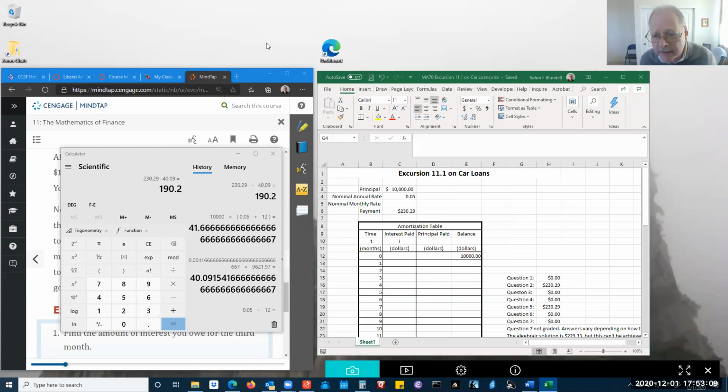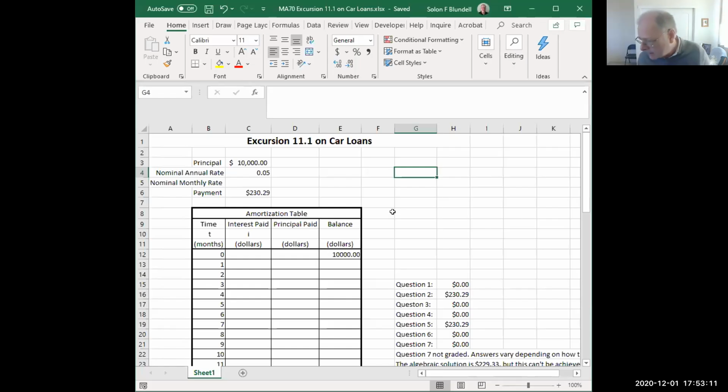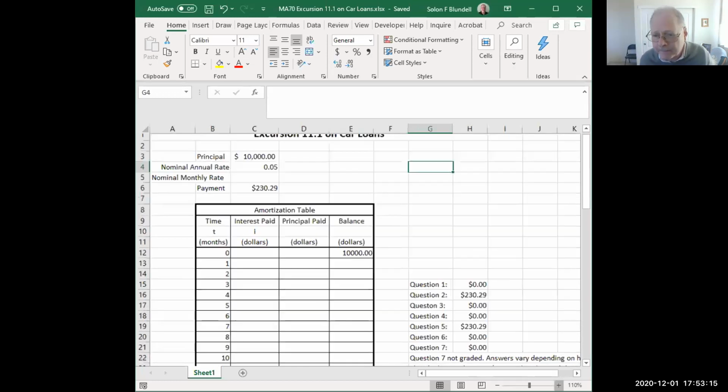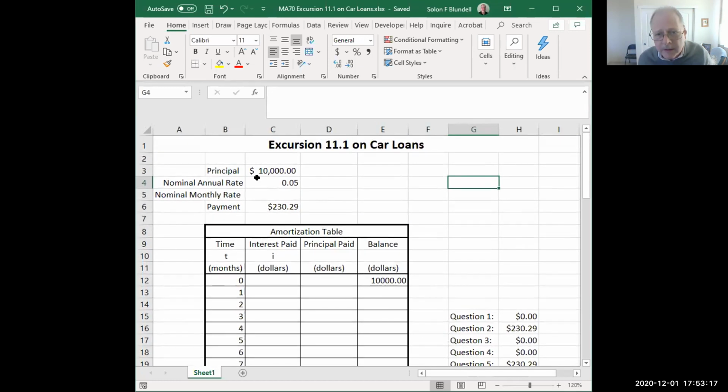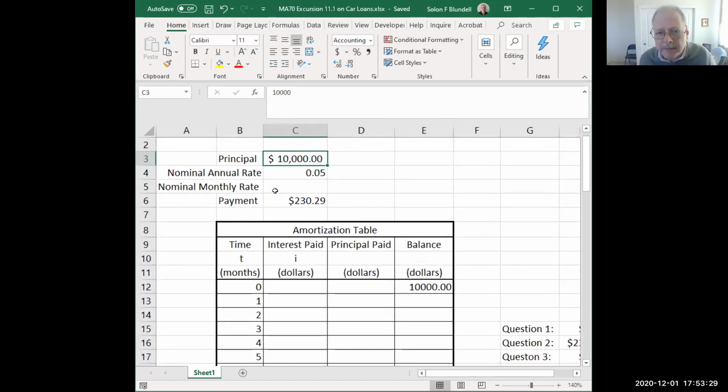You don't have to do all that arithmetic or typing in calculators. So I just did a little editing and I put in my principal and my interest rate and the amount of the monthly payment.